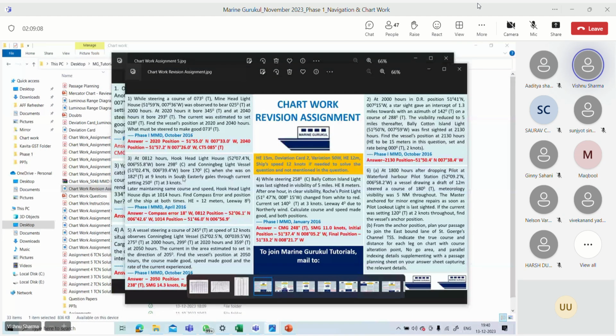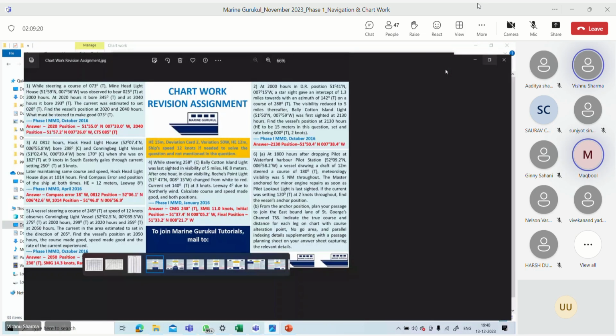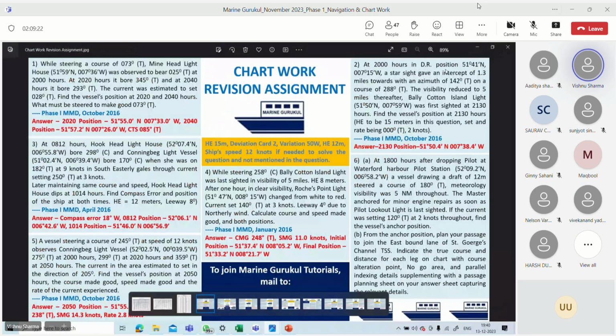And what are you getting at 8-12? 8-12 what are you getting? एक्चुअली सर उसके आगे मैं कर नहीं पा रहा हूँ सर. अरे I'm asking, मैं उससे पहले का पूछ रहा हूँ. 8-12 पे what have you got? पोजीशन. मैं उसके आगे का नहीं पूछ रहा हूँ, उससे पहले का पूछ रहा हूँ. What have you got at 0812 is my question, and that is before 10-14. That is not after 10-14.